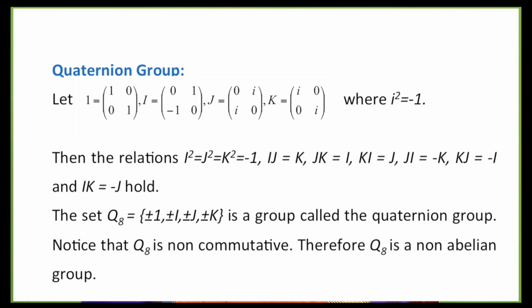The set Q8, equal to plus or minus 1, plus or minus I, plus or minus J, and plus or minus K, is a group called the quaternion group.